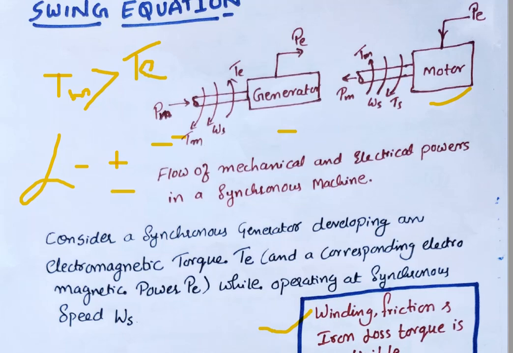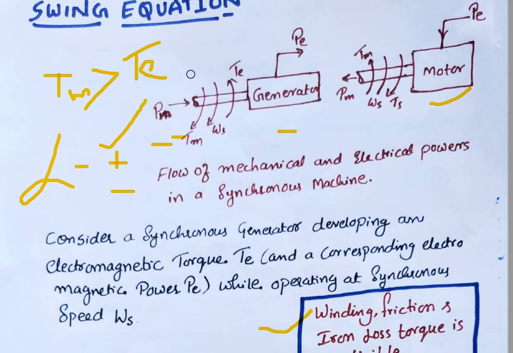So usually, if it is positive, the shaft accelerates, and if it is negative, the shaft decelerates. When my mechanical torque, my driving force, is greater than the opposing force, then my generator speed increases, shaft speed increases, that is accelerating.